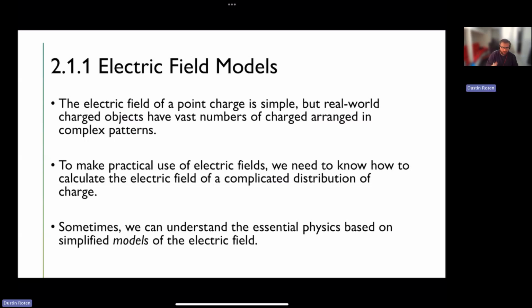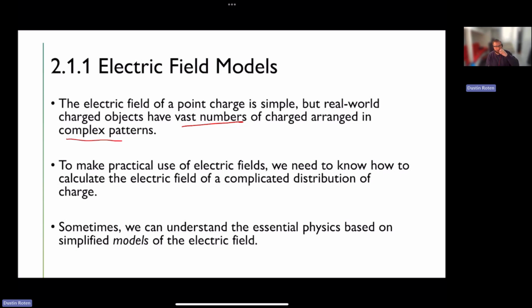So with electric field models, we talked about the electric field of a point charge, which is simple. It just radiates out in every direction. But of course, real world objects have a lot of electrons, like a whole bunch of electrons, even in a chair or your desk or the computer you're looking at. Lots of electrons, and they can be arranged in really weird ways, depending on what's going on.